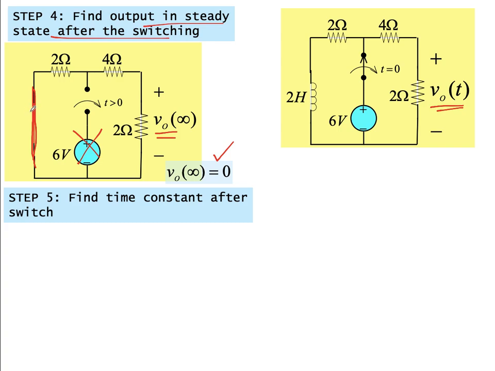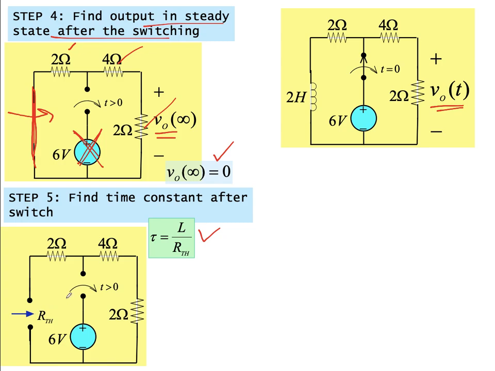This source is not included in this case. If we look from the inductor side, all these resistors are in series. For inductors, tau is equal to L by R Thevenin. The source is 0, and looking through the inductor port, we can see 2, 4, and 2 are all in series. So it is 8 ohms.